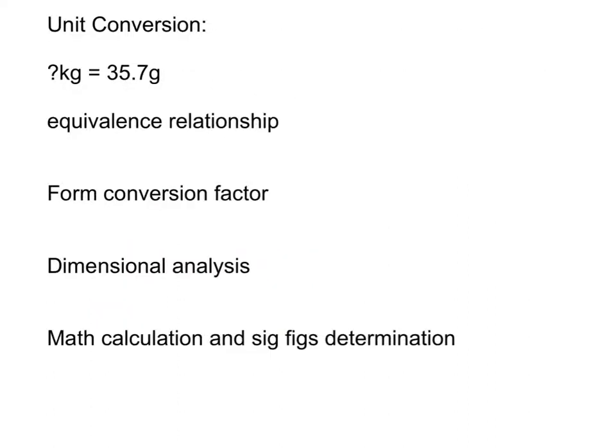So let's actually look at a unit conversion. As we discussed before, we have to have a process. We want to know how many kilograms are in 35.7 grams. The first thing you have to know is what relationship those things have to one another. One relationship is that 1 kilogram equals a total of 1,000 grams.